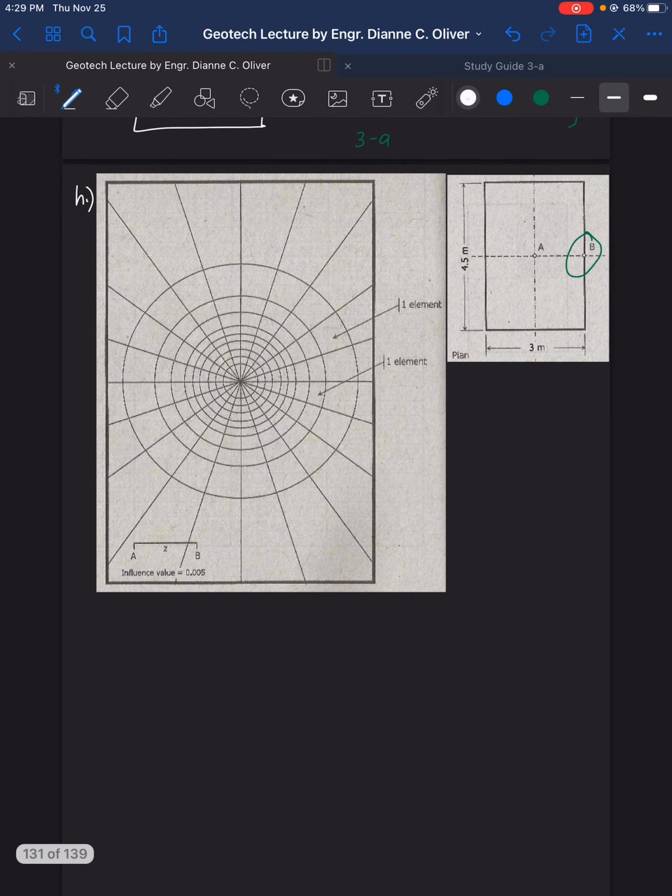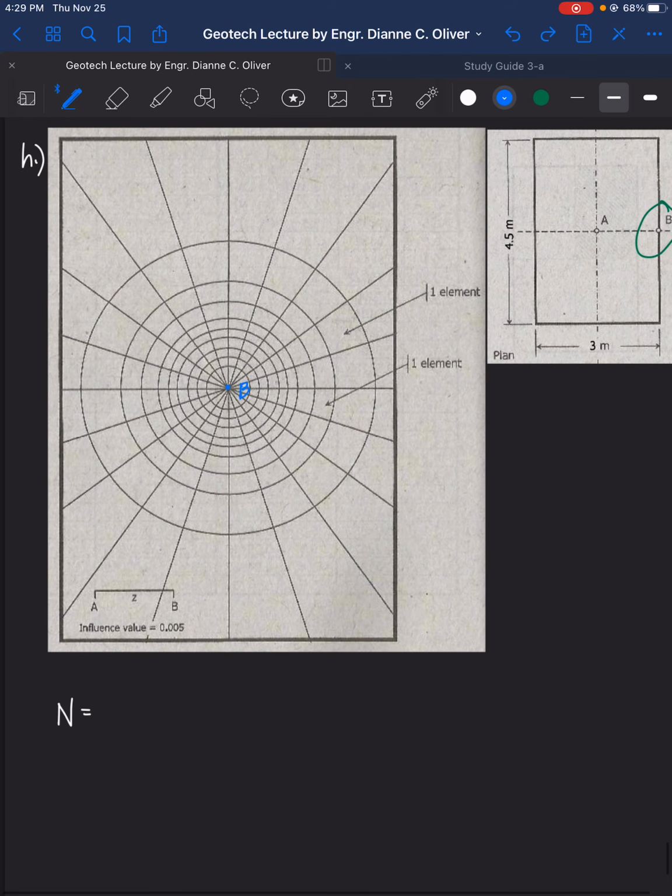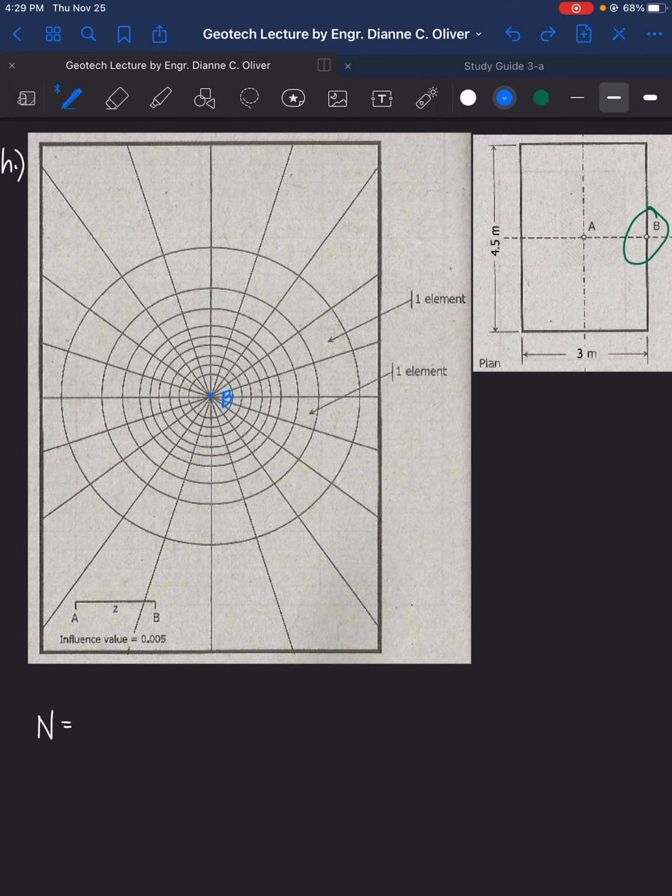So we need the value of n. And since this is B, we need to put B here in the middle. So this is point B. So again, using our straight edge, here in our scale, Z is, again, 3 meters. So scale it here.